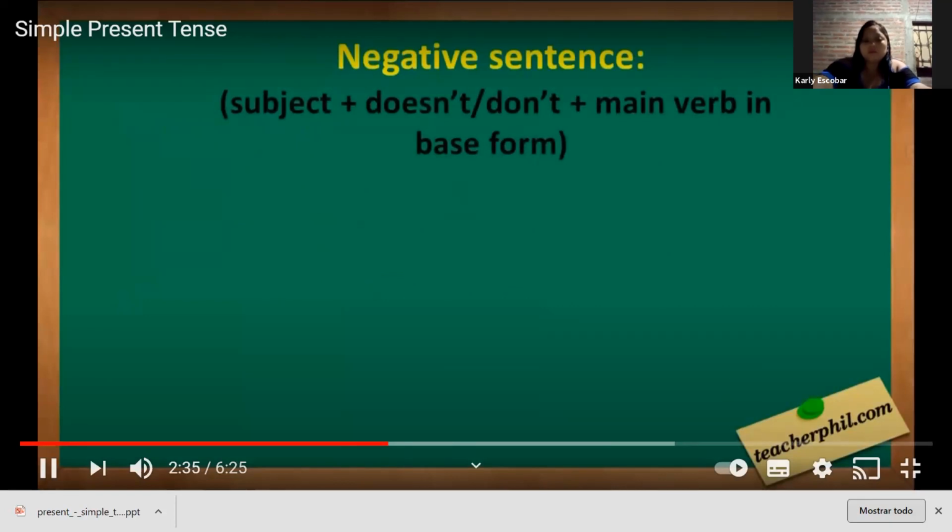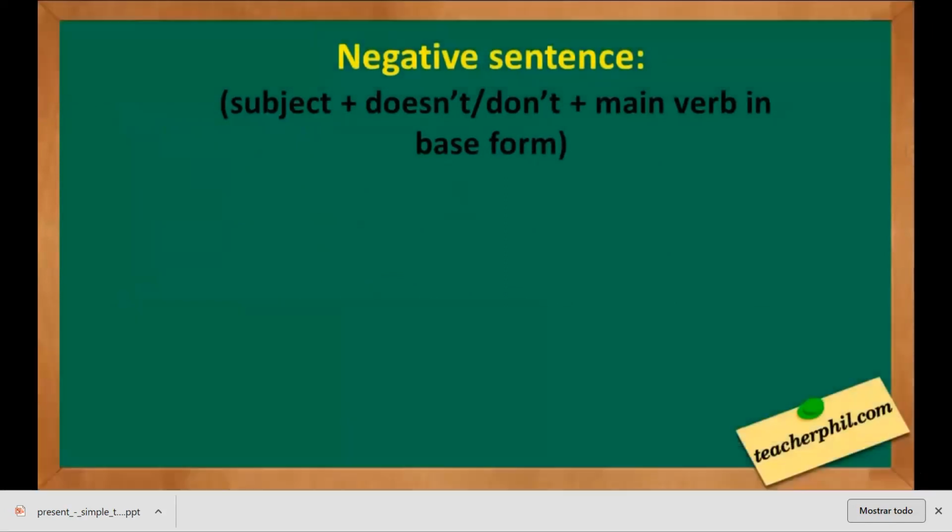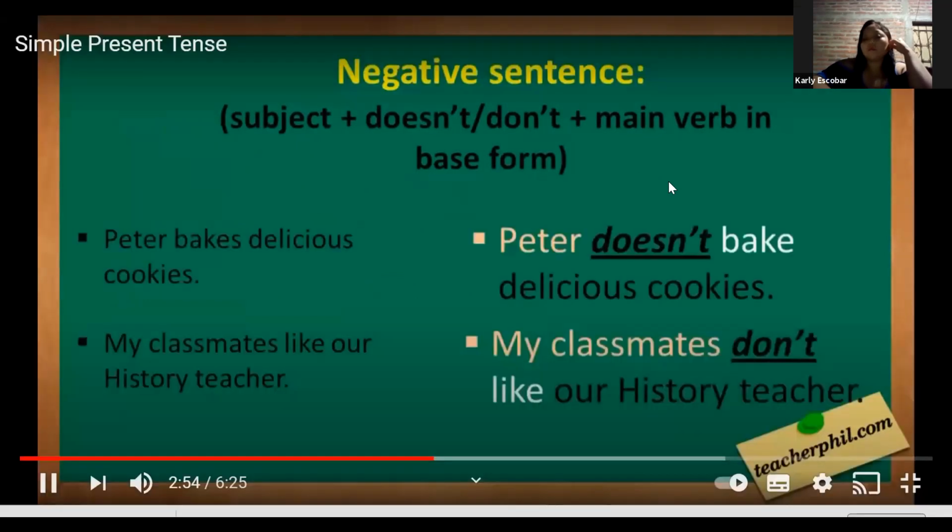Examples: Peter bakes delicious cookies. Peter doesn't bake delicious cookies. My classmates like our history teacher. My classmates don't like our history teacher.